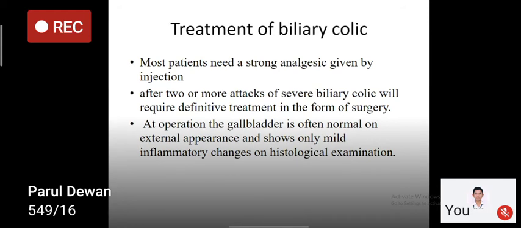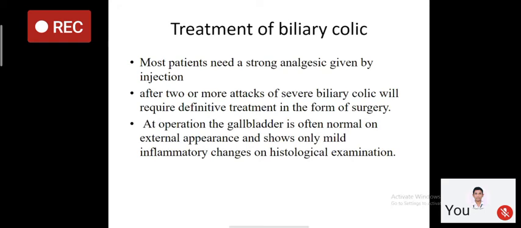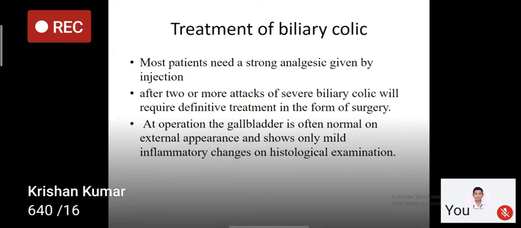At operation, the gallbladder is often normal on external appearance and shows only mild inflammatory changes on histopathological examination.